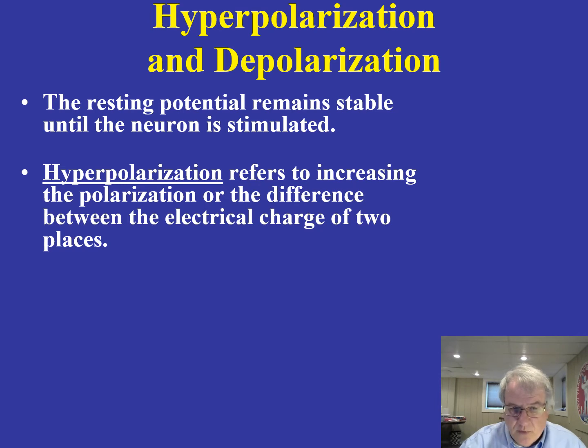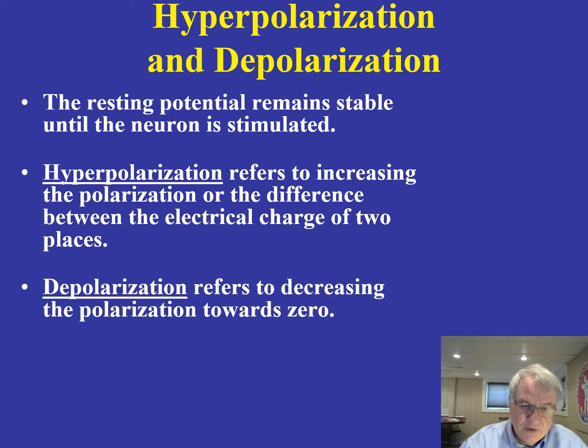So in this hyperpolarized state then, where it's mostly negative on the inside, positive on the outside, and that negative state is extremely important in terms of the resting state of the neuron. So depolarization is what happens when that neuron fires. You're getting a change from being very negative, that resting potential minus 70 millivolts, to being less negative, then ultimately to being positive. That's what we mean by depolarization.